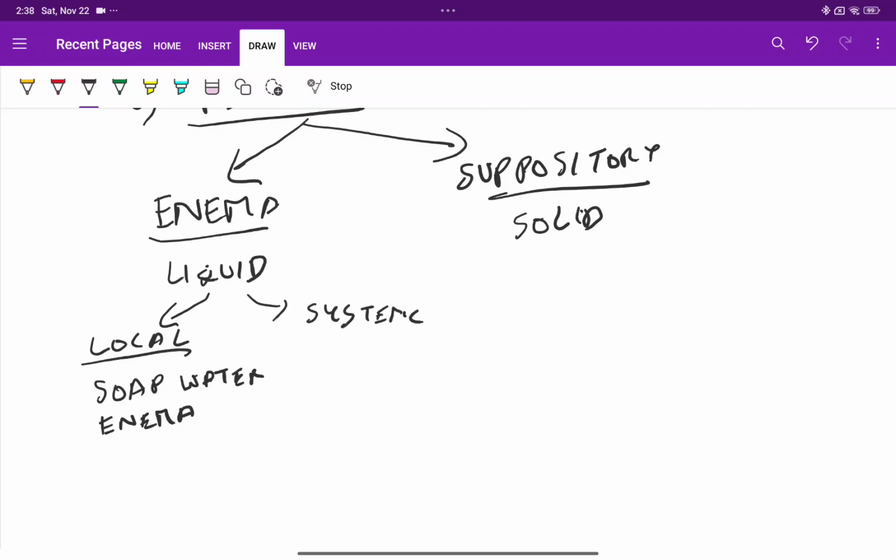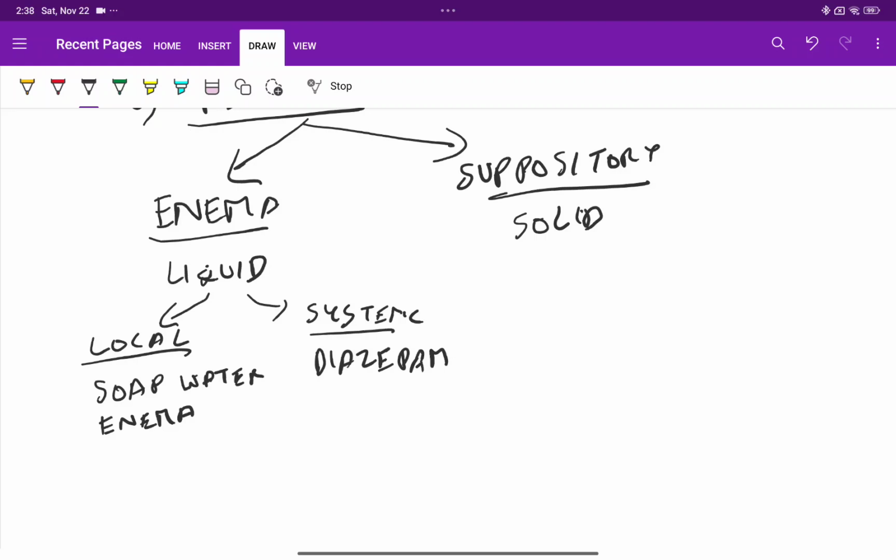Systemic means, see here, local means we are only causing the evacuation of stools. Systemic means the drug given here should reach the systemic circulation for the systemic effect. Example, diazepam. Diazepam is an anti-epileptic drug.